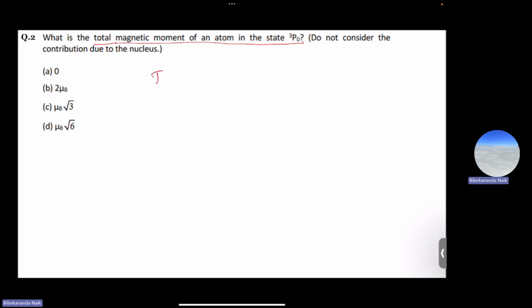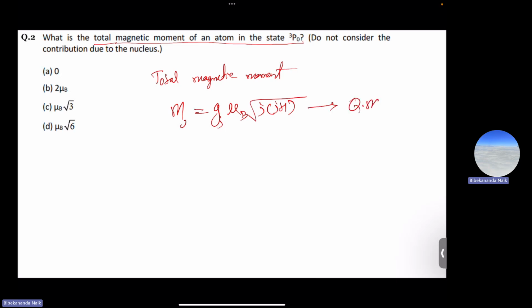The total magnetic moment, mu_j, corresponding to j, the total quantum number, is g_j mu_B root over j(j+1). So it is according to the postulates of quantum mechanics.